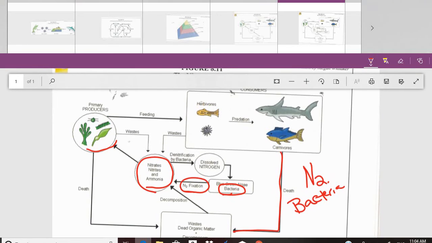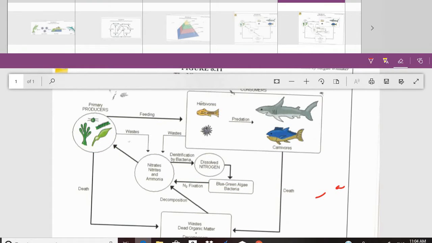Okay, so in other words, you start with nitrogen gas, and the nitrogen gas gets converted into a form that organisms can use, and then that gets passed through the food web, as one thing is eating another, and then when death and waste get decomposed by bacteria, that nitrogen gets returned to the cycle, returned to the ecosystem. Okay, so that is the nitrogen cycle.